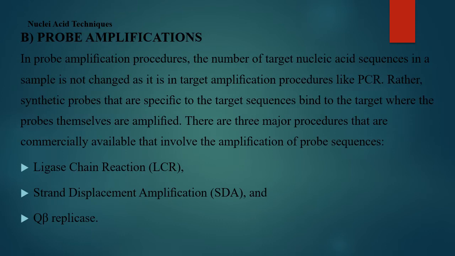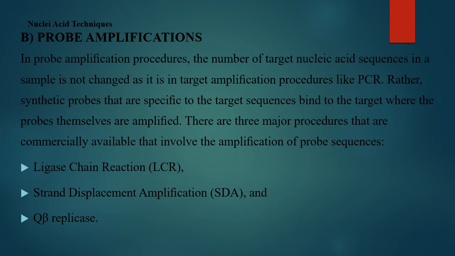Okay, so the earlier ones is target amplification. Now we move on to probe amplifications. Now in probe amplification procedures, the number of the target nucleic acid sequences in a sample is not changed as it is seen in the target amplification procedures like PCR.